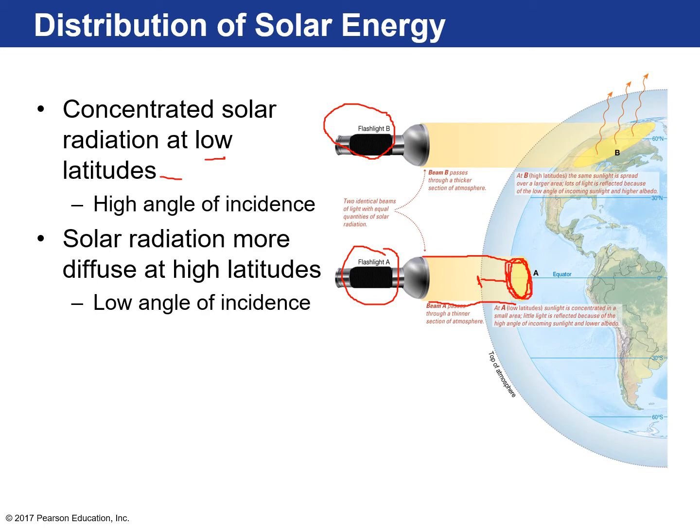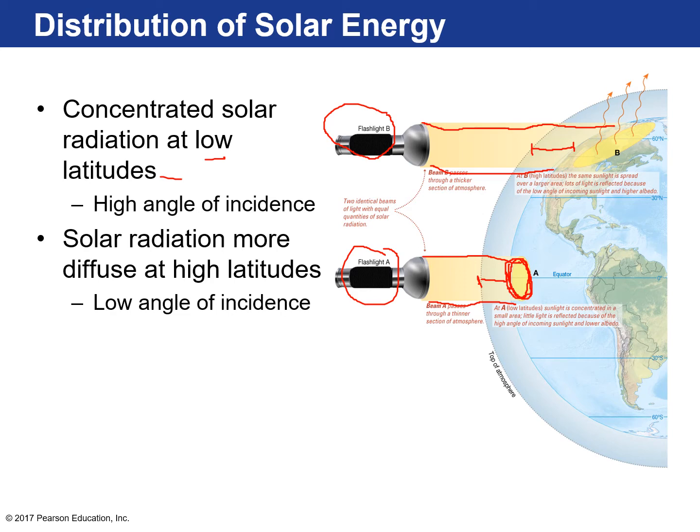But if you were to flash that same beam of light at higher latitudes, you can see that it has to travel through more atmosphere, which means the solar energy has a higher chance of interacting with particles in the atmosphere or clouds and being deflected, scattered, or reflected.